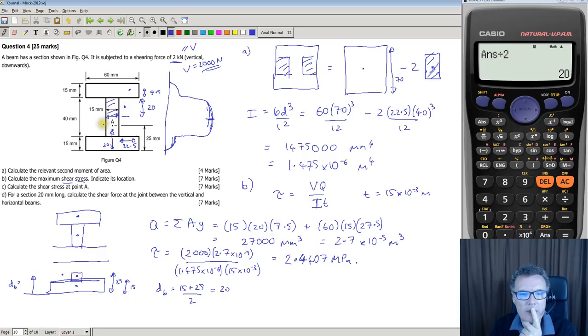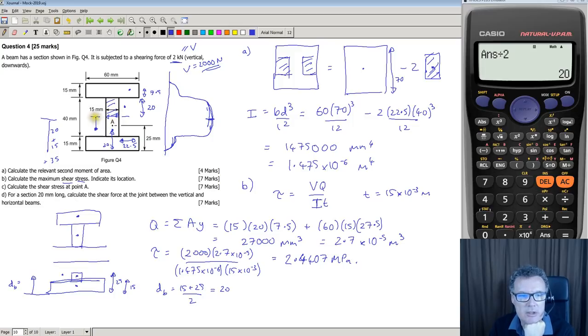What I want to find is this distance from here to the centroid. So that's going to be 20 plus 15, so that's 35. I think you're following this argument.